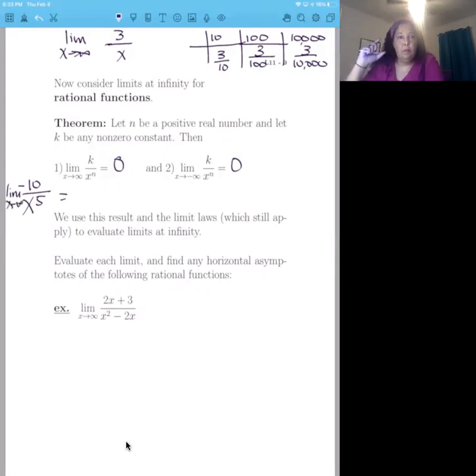That means that number is getting smaller and smaller and smaller. So it goes to 0. All right, so now we're going to use that to compute limits of rational expressions. The way that we do this is we always divide by the highest degree in the denominator.